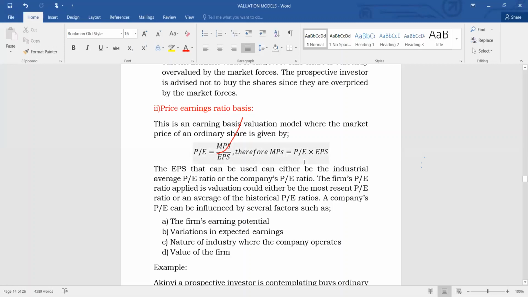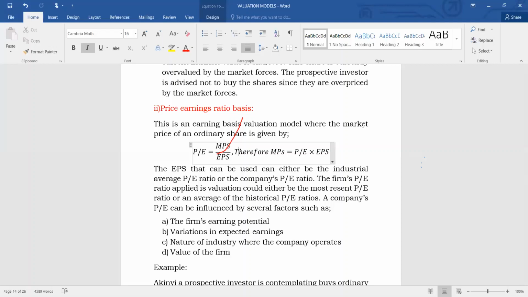Yeah, so price earning ratio is one of these ratios, given by the market price per share divided by earning per share. Therefore, if you express market price per share in terms of the rest, market price per share is price earning ratio times earning per share.